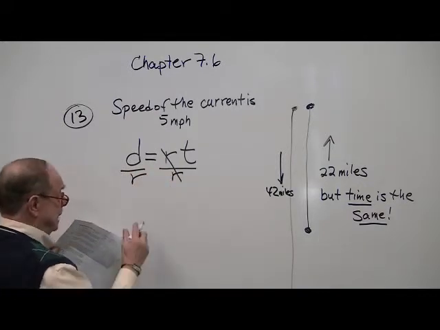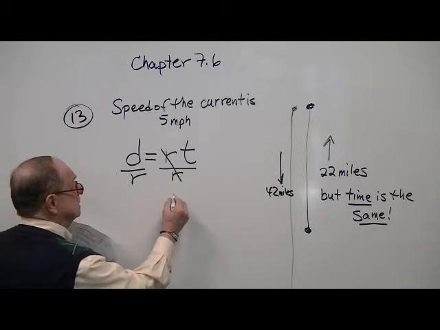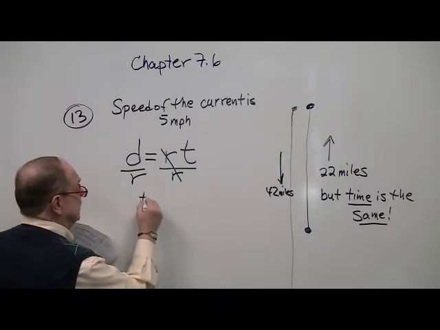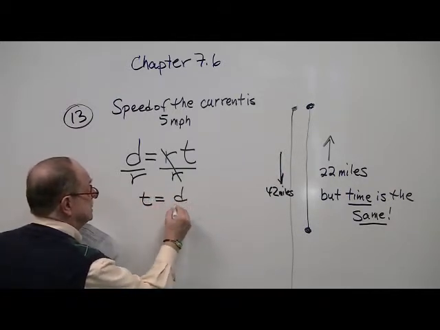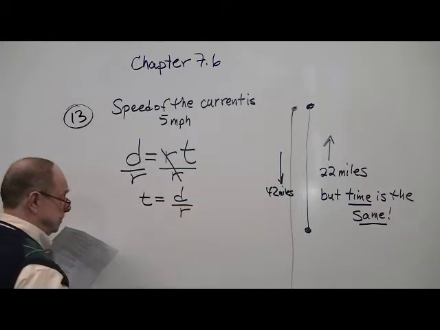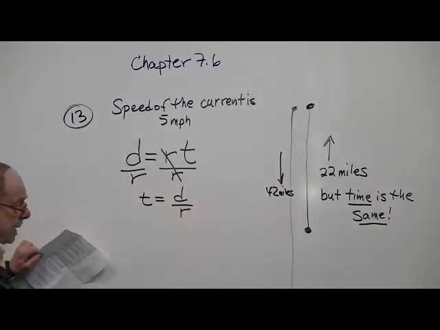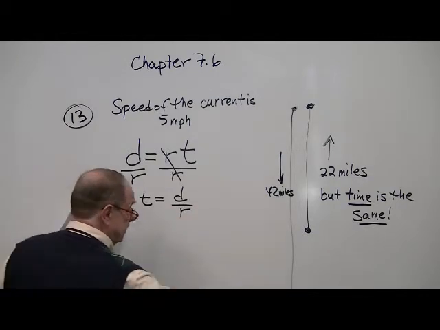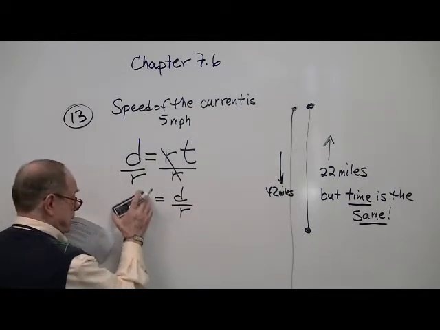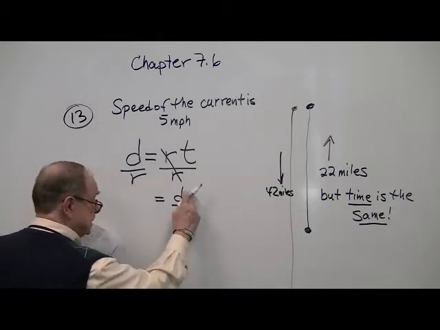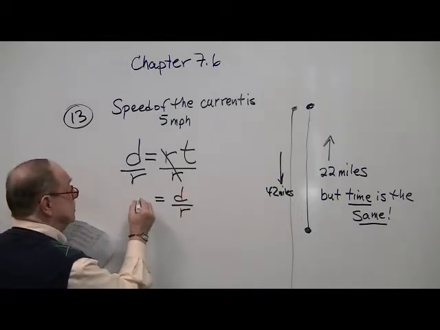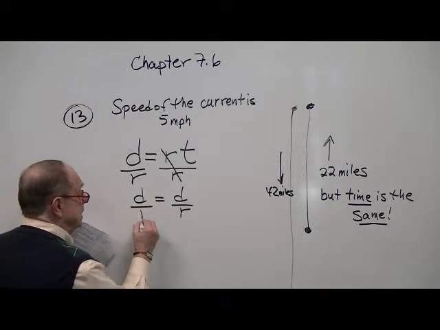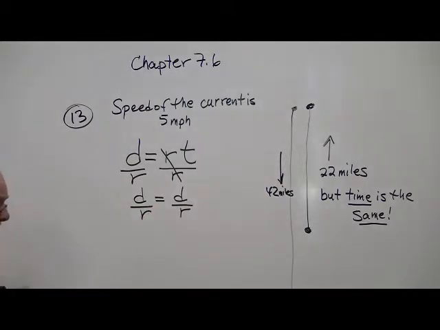I now have that time equals distance divided by rate. And we know that both our times are the same. So distance divided by rate is equal to distance divided by rate.